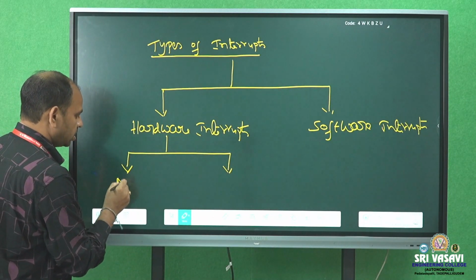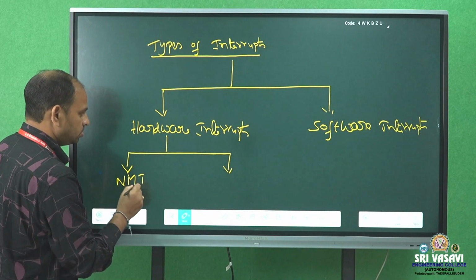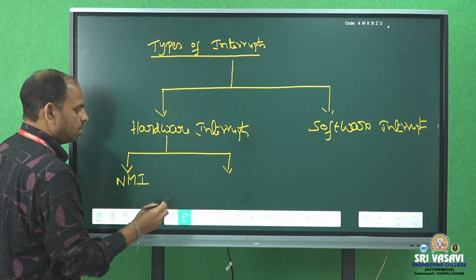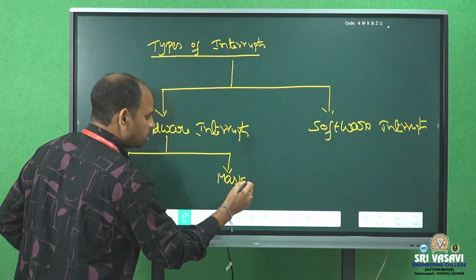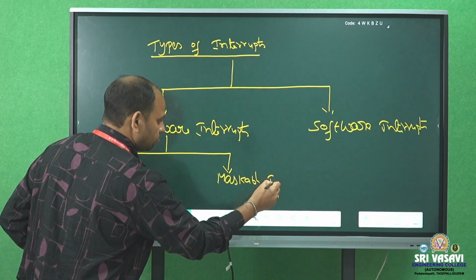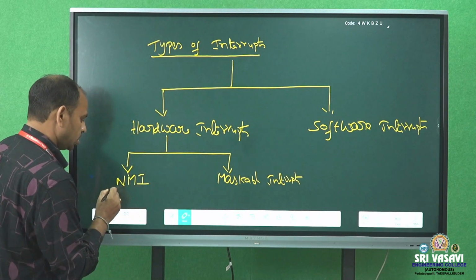One is non-maskable interrupt, and the next one is maskable interrupt.